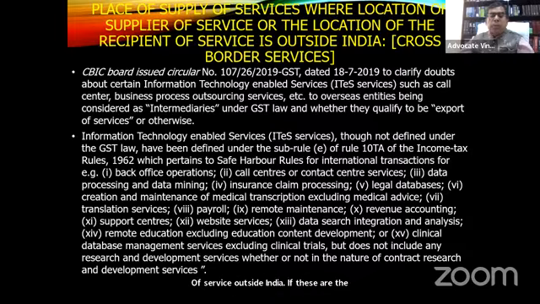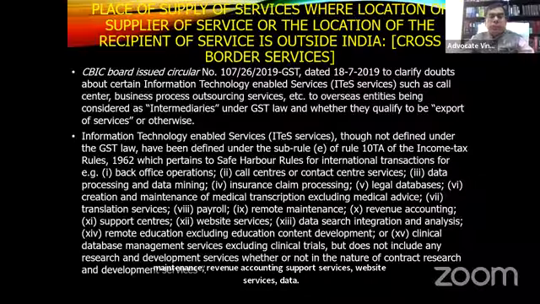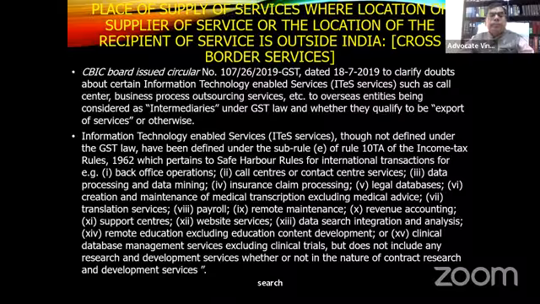For example, call center service, back office operation, data processing, insurance claim processing, legal databases, creation and maintenance of medical transcription, translation services, payroll, remote maintenance, revenue accounting, support services, website services, data search integration services, remote education, etc., etc.